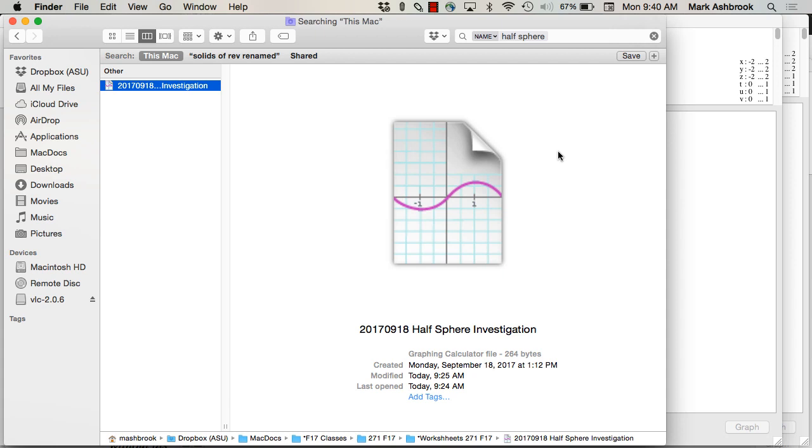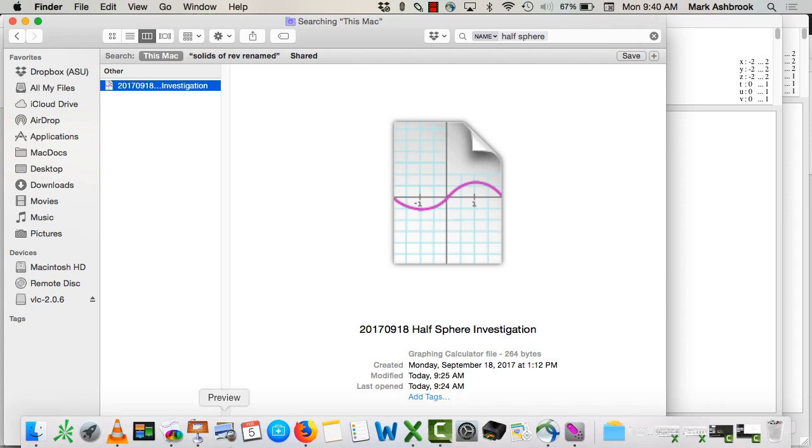Okay, let's move on. So we were talking about arc length last Wednesday, and so let's do an arc length example here.